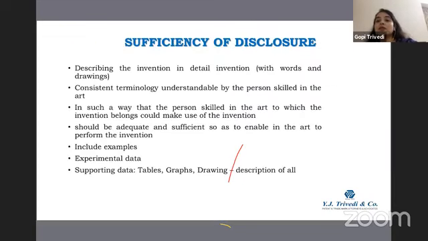So sufficiency of disclosure would cover various points. These are not prescribed, but it is a matter of experience and practice that including examples or experimental data like tables, graphs, etc., would enhance the strength of the given specification and help the possibility of the grant of the patent.